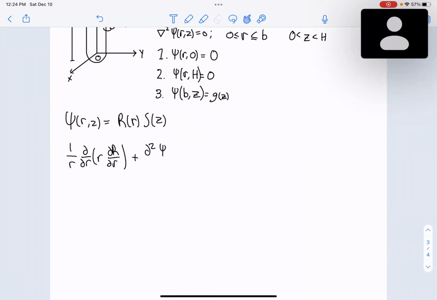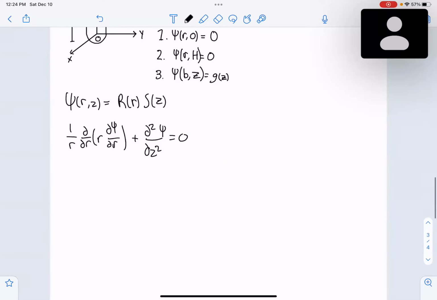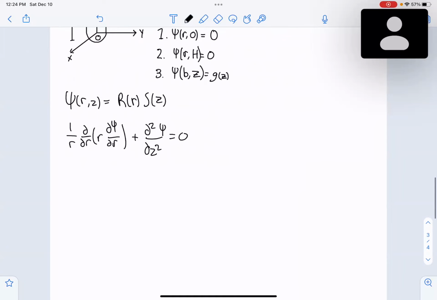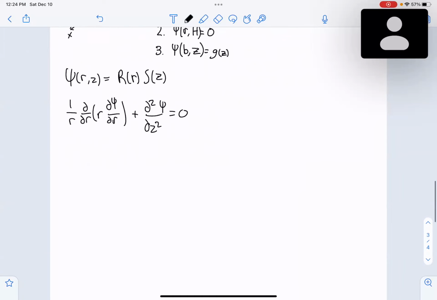Sorry, this should not be R, it should be phi. This is really just the cylindrical coordinates form of the Laplace equation. I believe this is given on the useful info sheet, but I would definitely double check that, and if it's not, it's definitely something you should know. So have a look at that.